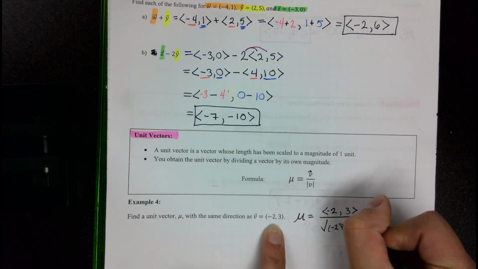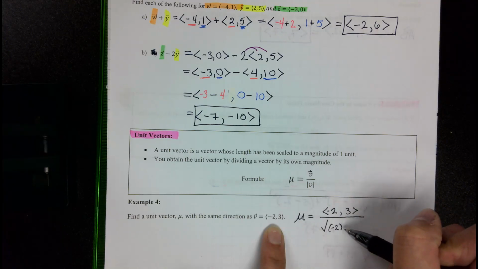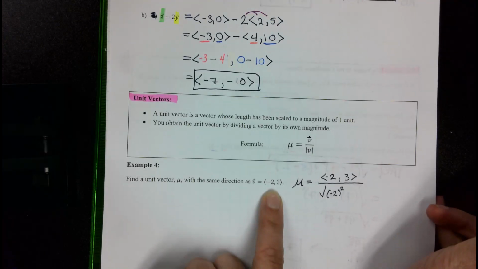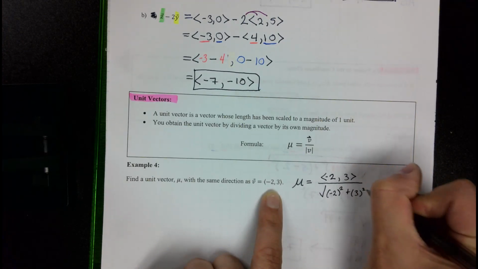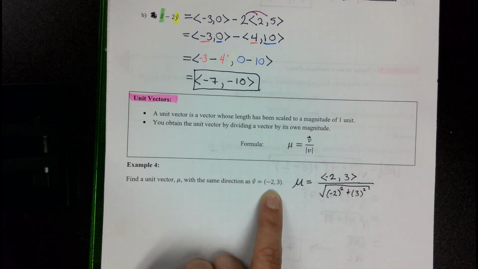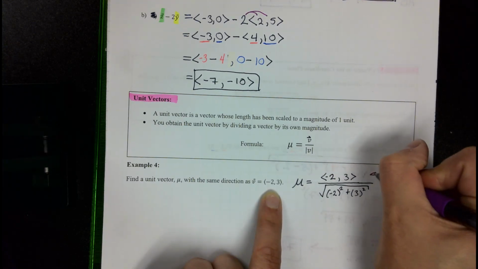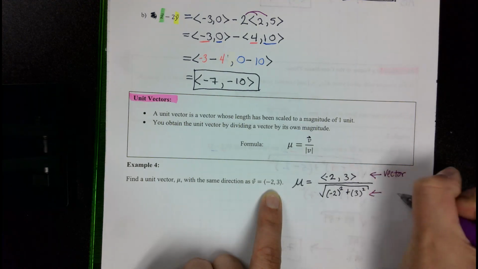If you're using a calculator, I know this might seem obvious, make sure if your value is negative and you want to square it, it has to be in parentheses, or it won't square the negative, it will just square the 2. Plus 3 squared. All right, so again, this is the vector, and this is the vector's magnitude.